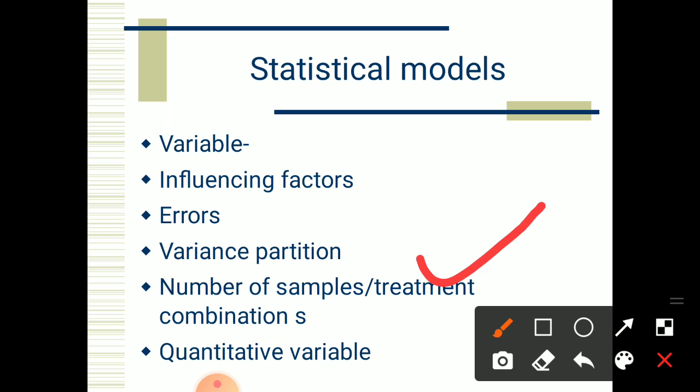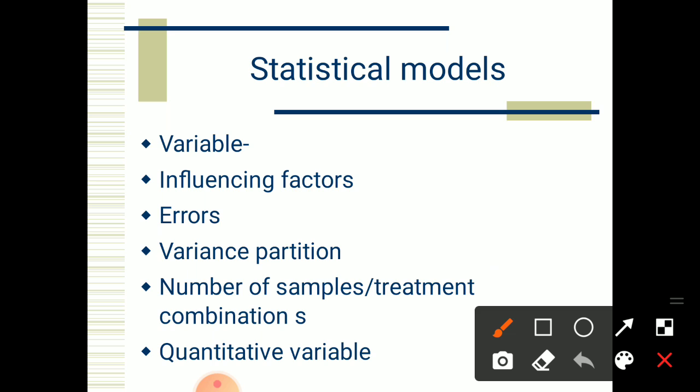Unlike one sample, one population, or two samples in the previous tests like t, Z and other things, and in chi-square where we had some groups, some categories, where the data was qualitative in nature, that is, data in the form of numbers. Here in the analysis of variance, we will have 3 or more treatment combinations or samples. That is the important difference.